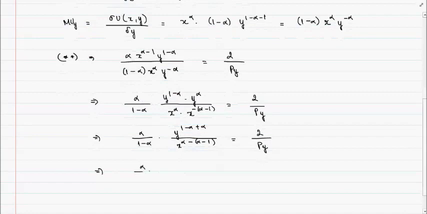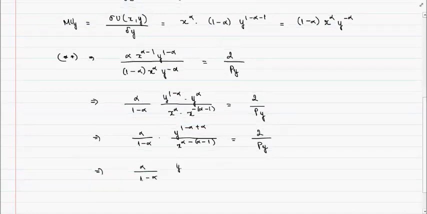So what I got is alpha on 1 minus alpha. Now negative alpha plus alpha just cancel out. Okay, so I got y. And on the denominator, x alpha minus alpha cancel out, negative becomes plus 1, so that it's just x to the power 1. Okay, so 2 on py.